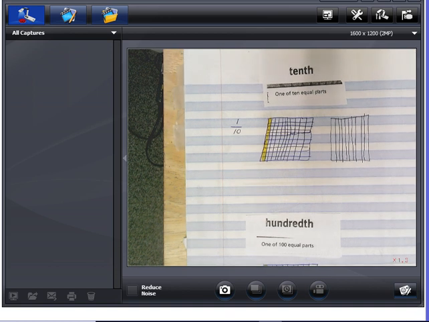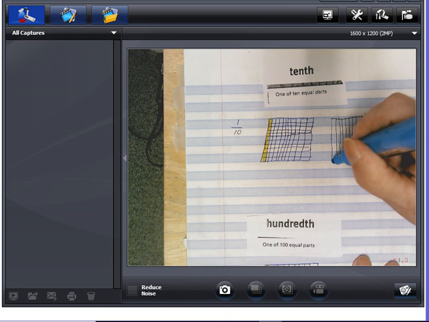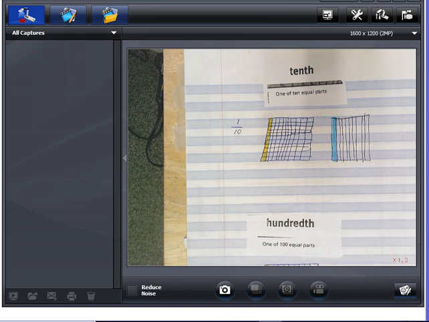Not quite equal. 1/10 is one of those whole pieces. Both of those represent 1/10.